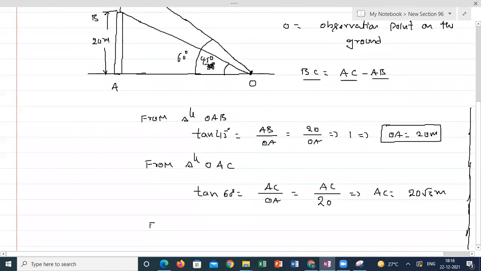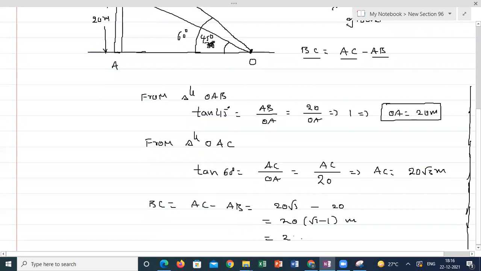We want BC. BC is nothing but AC minus AB. AC is 20 root 3 meter minus 20. The answer is 20 of root 3 minus 1 meter, or you can write it as 20 into 0.732. You can give it like that, doesn't matter. Multiply and we will get the answer 14.64 meter.